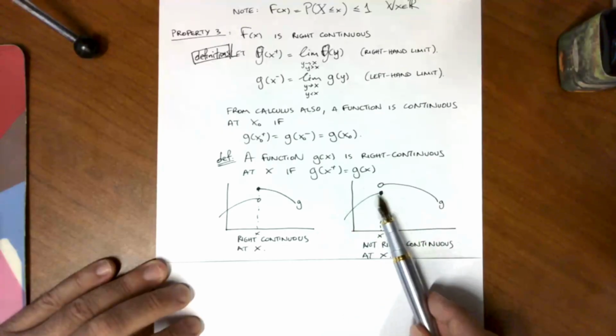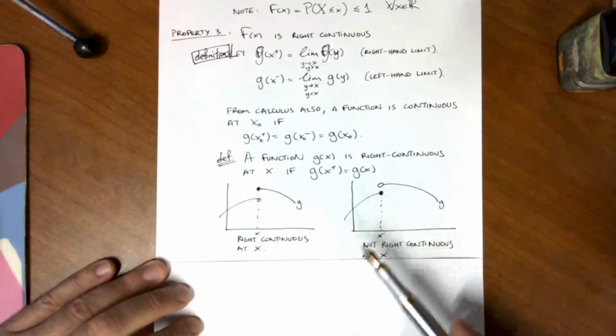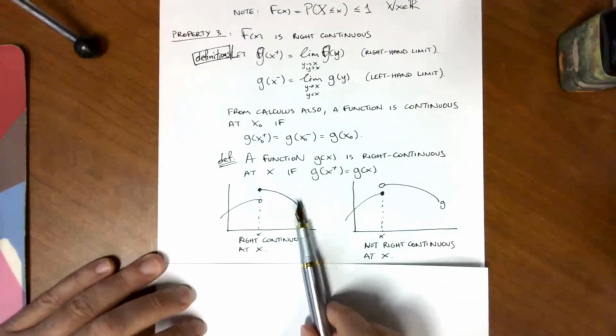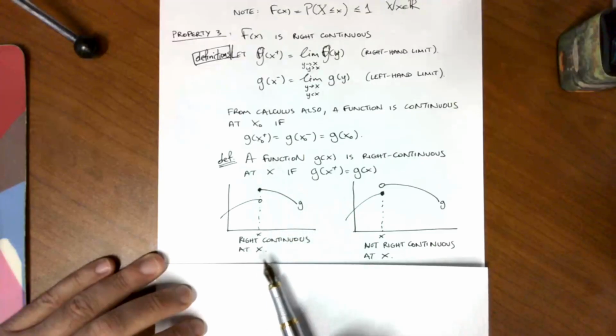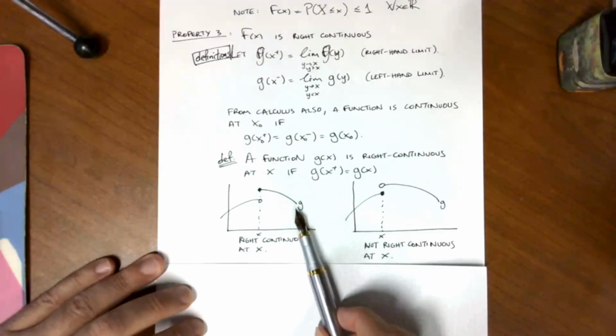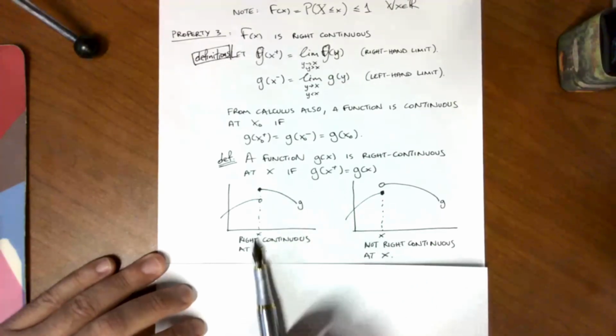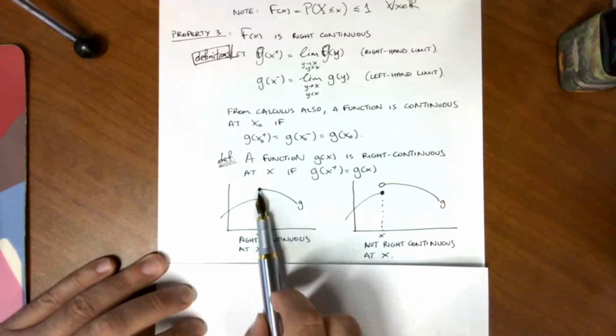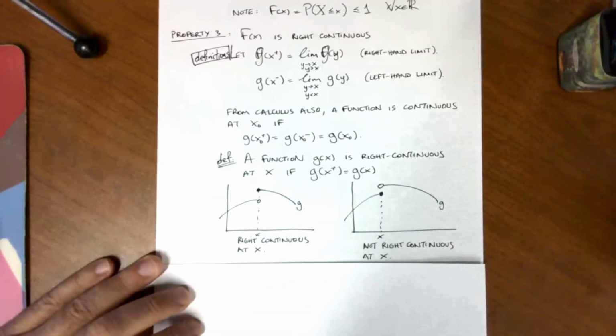Similarly to the step function example that we saw before, right continuity means that as you're approaching this value x from larger values of x, that's where you want to see the closed point.